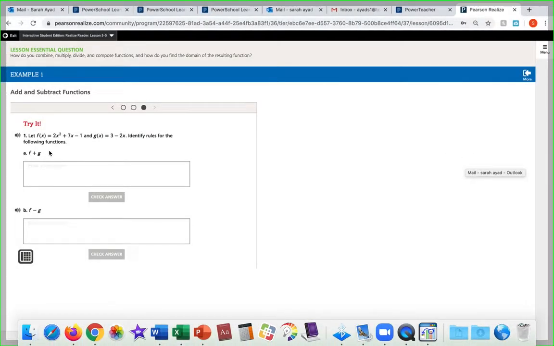Alright, so here we're adding f plus g, so we have 2x squared plus 7x minus 1 plus 3 minus 2x. We go ahead and combine like terms. We get 2x squared plus 5x plus 2. Here we have f minus g, so when I write this down, I'm going to write down the function f.